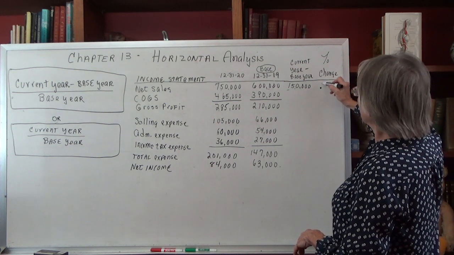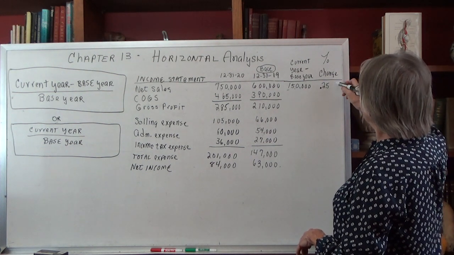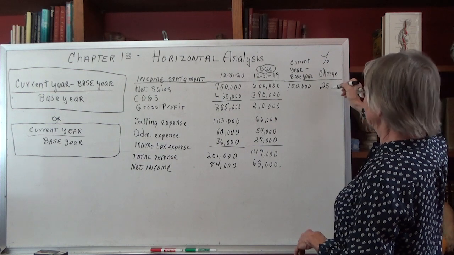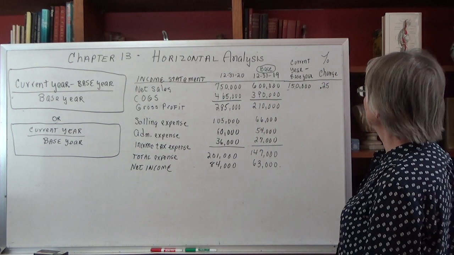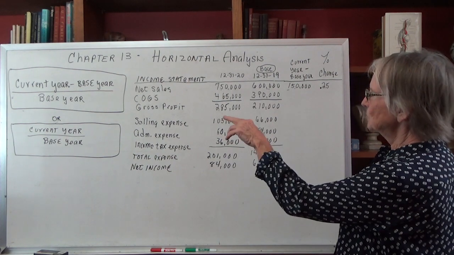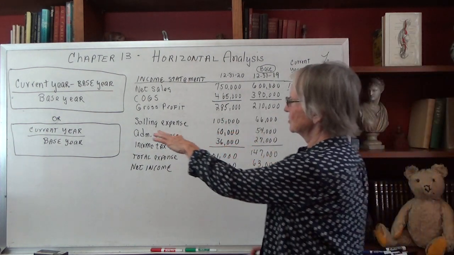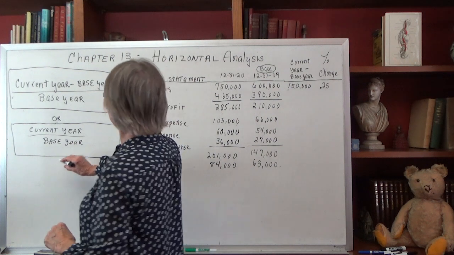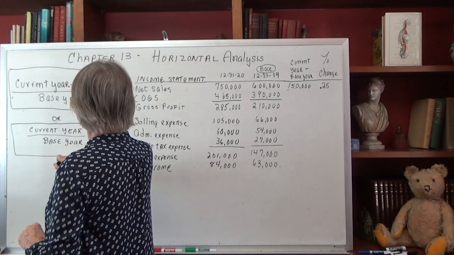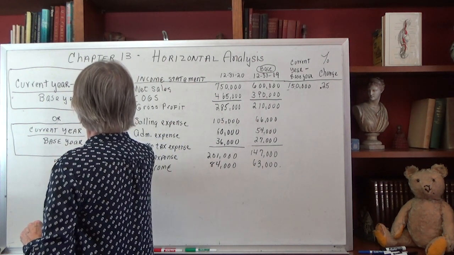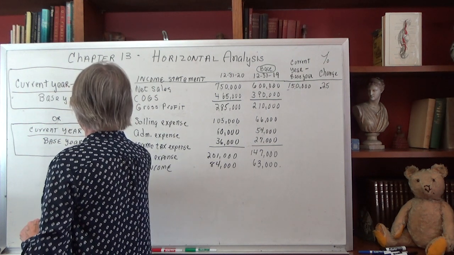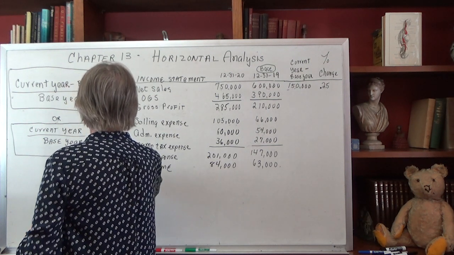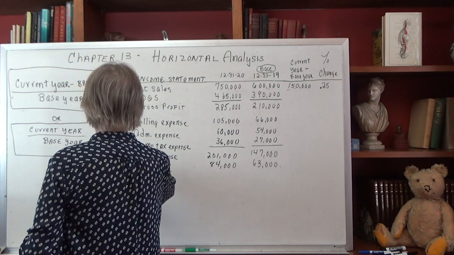So you can state that as 0.25, or you can go 25%. I'm just going to use the decimal because that's how I think a little bit better. If you were using the second formula, you would simply be going the current year, which would be 750, divided by the base year, which is 600. And when you divide that out, you would get 1.25.